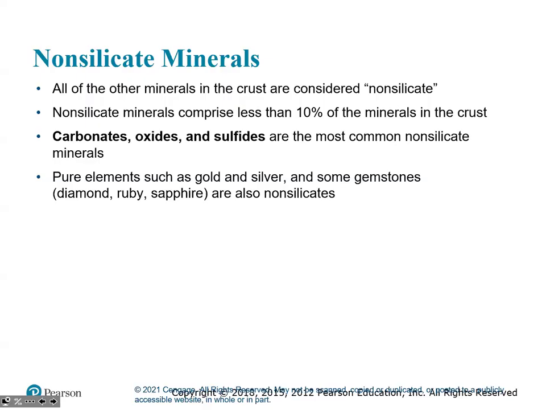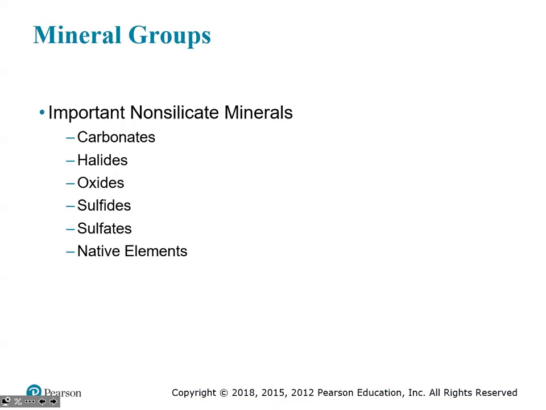Diamond is just made of carbon. There's no silicon in there. And ruby and sapphire are made of corundum, which is aluminum oxide. Again, no silicon. Technically, ruby and sapphire fall in the oxides.